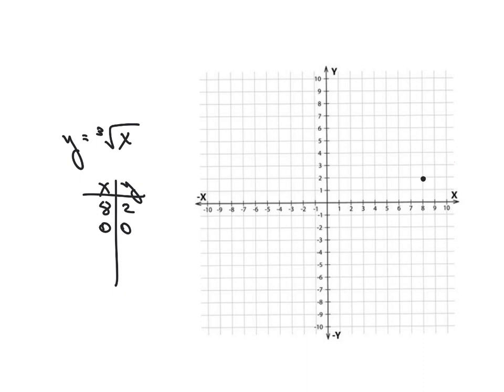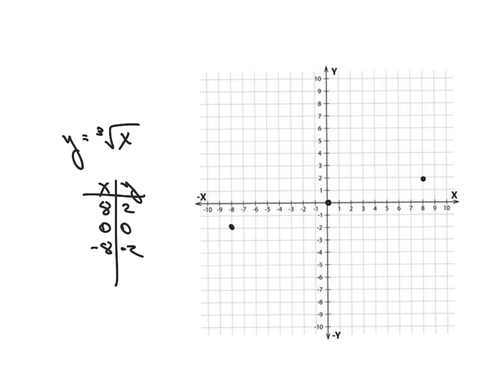Then we get 0. Let's say we put in negative 8. If we put in negative 8, what number times itself 3 times gives us negative 8? Negative 2. So negative 8, negative 2. Oops, I'm sorry. Wrong one. Negative 8. Nope, that was right.